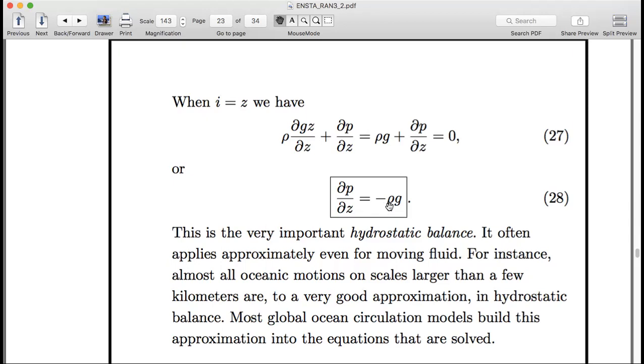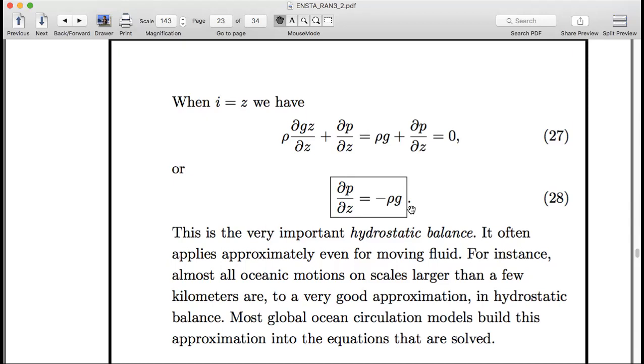The density of seawater is a little bit more than 1,000, on average about 1,035 kilograms per meter cubed, but say roughly 1,000 kilograms per meter cubed, times 9.8 newtons per kilogram gives us almost 10,000 newtons per meter cubed, which is newtons per meter squared, a unit of pressure, per meter.